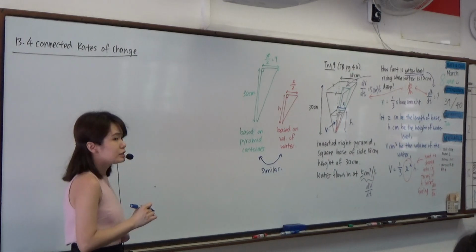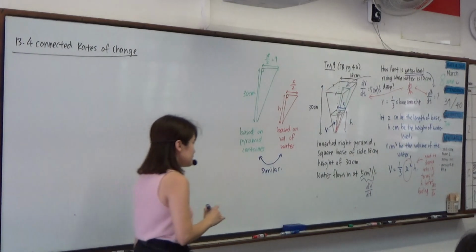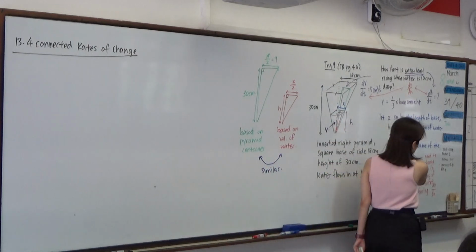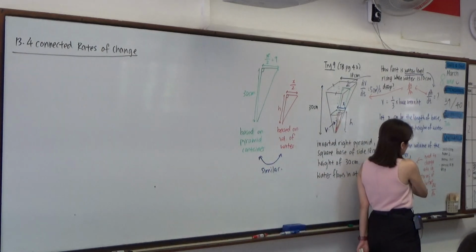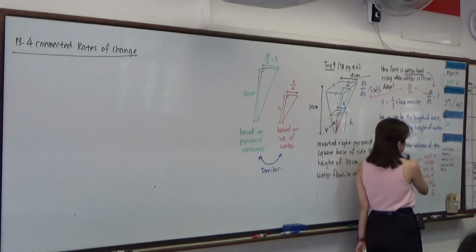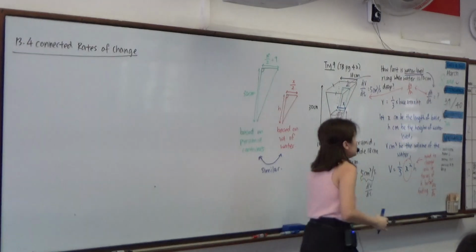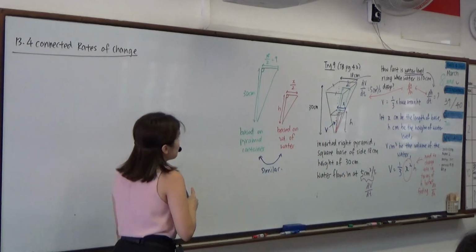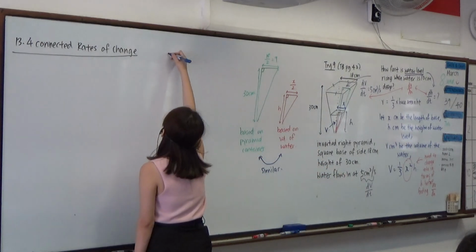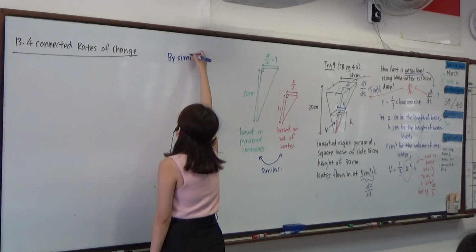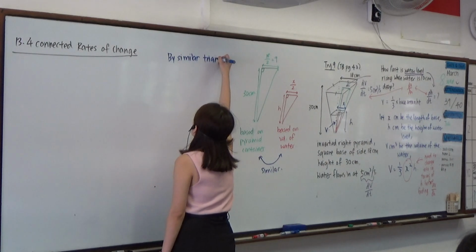The goal of us doing this is to change my x variable over here into h, because I need to find out dV over dh in the end. What is stopping me was the x over here. By our similar triangle property, we know that they are proportional.